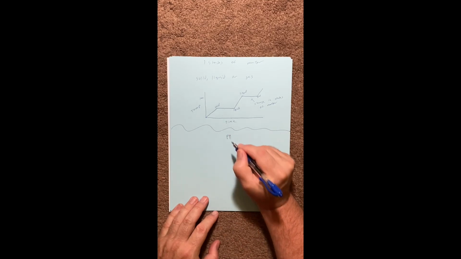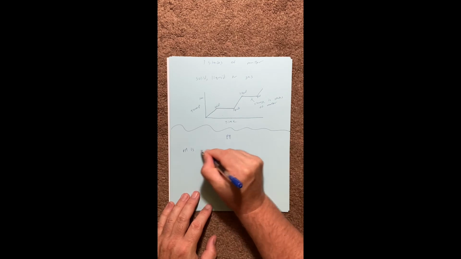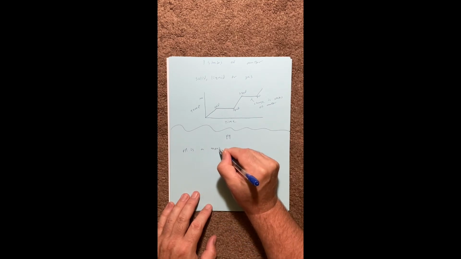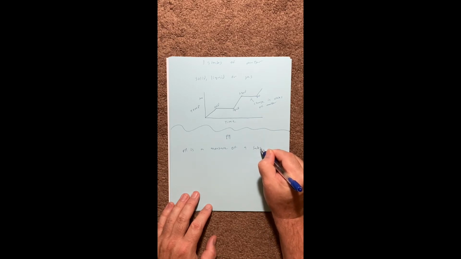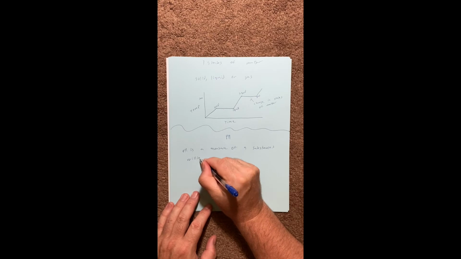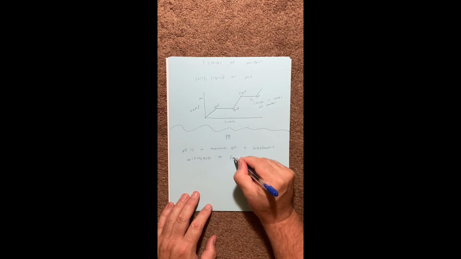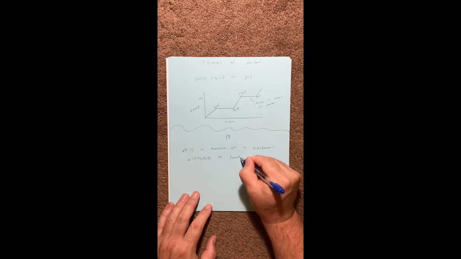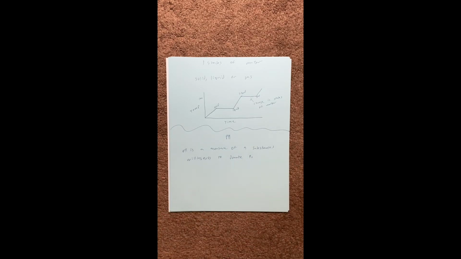Let's talk about pH. So pH is a measure of a substance's willingness to donate hydrogen ions.